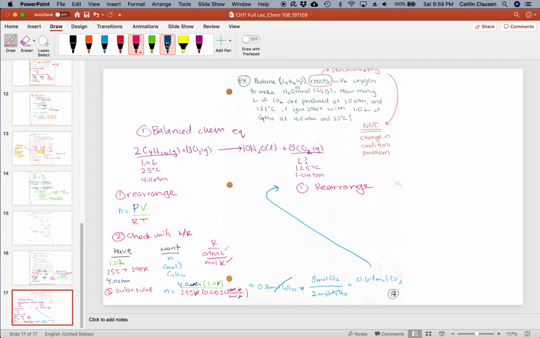So if I rearrange PV equals nRT for volume now, I get volume equals nRT and divide that by the pressure.